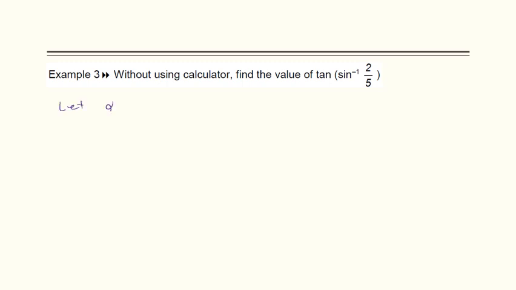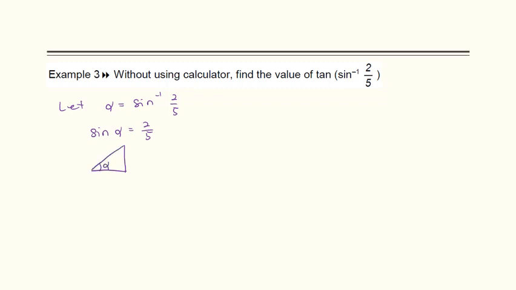So the step is let. I will use alpha. Let alpha equal sin inverse 2 over 5. Then using the definition, sin inverse when brought to the left hand side becomes sin alpha equals 2 over 5. Once we get this, straight away draw a right angle triangle. This is our alpha.